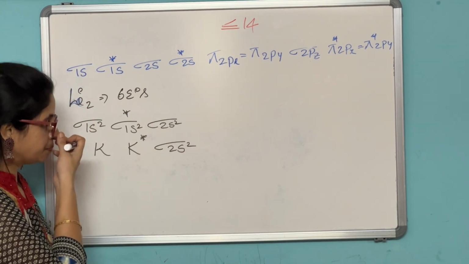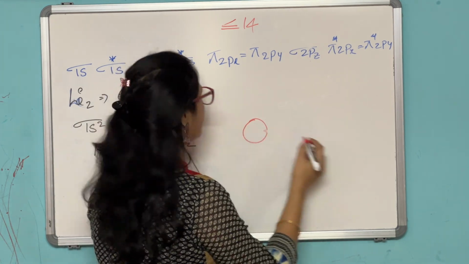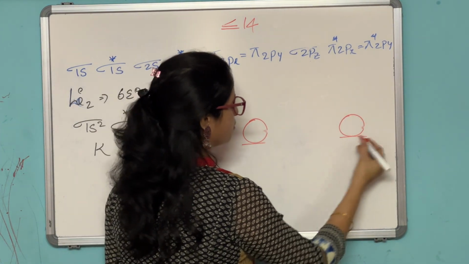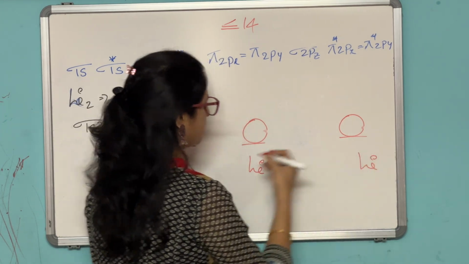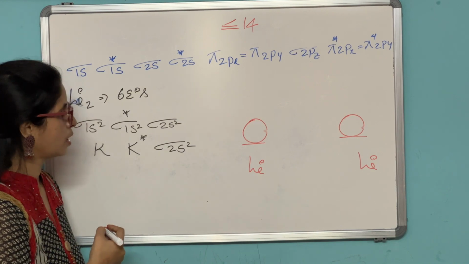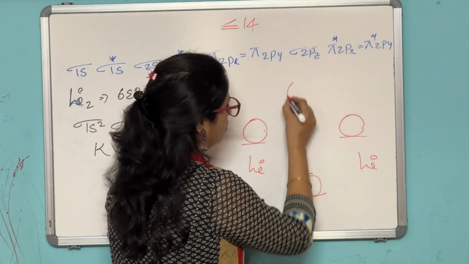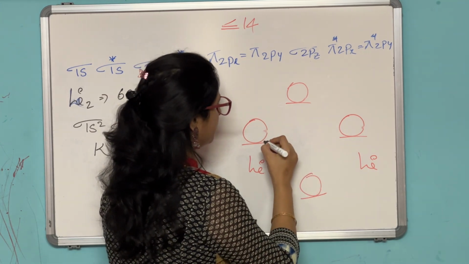So here this can be represented as K K star, sigma 2s2. Now write down the energy level diagram for this Li2. This is for one Li, and this is the second one. Energy level diagram.